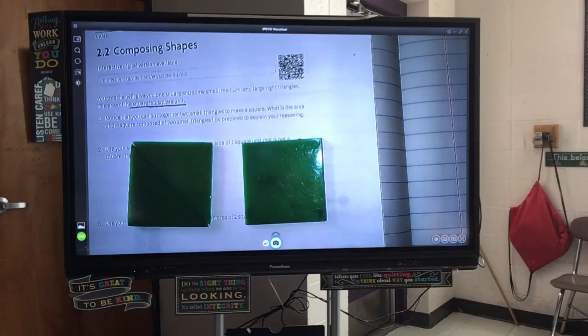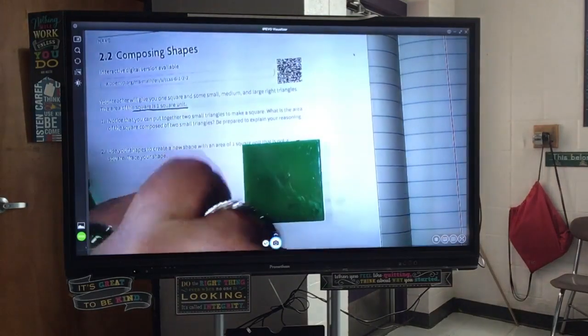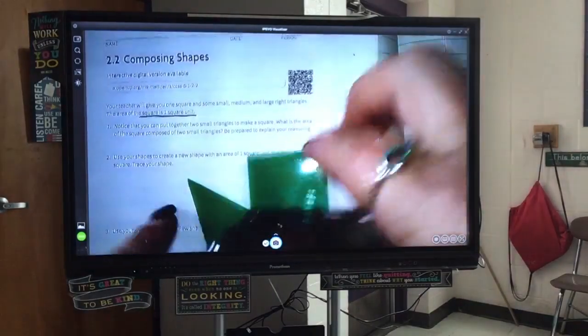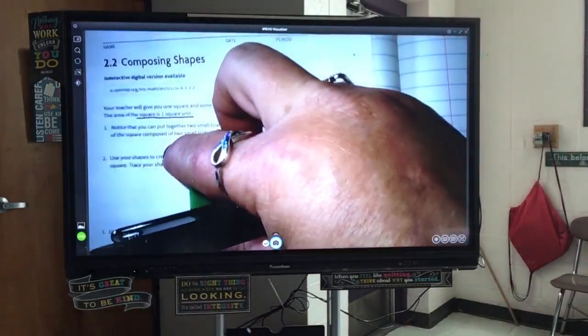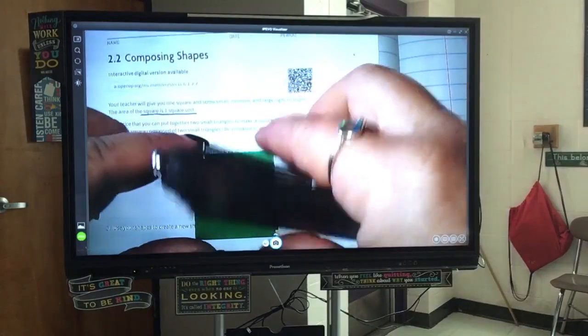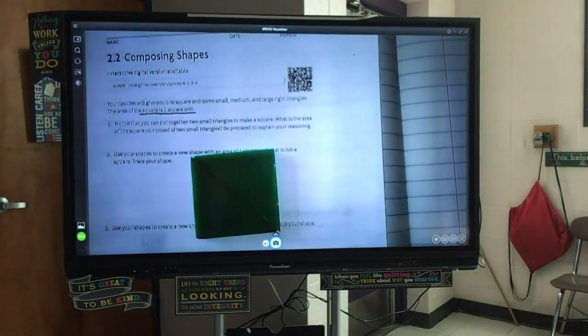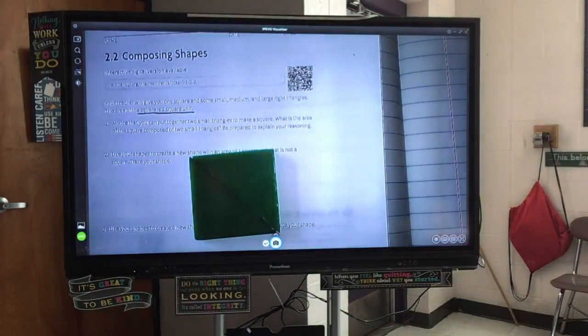So they're even, they're equal, right? A really good way to see is to take your 2 triangles and put them on top of the original square and see, are they even? And they are, correct? The bottom one is not bigger or smaller than the top one.